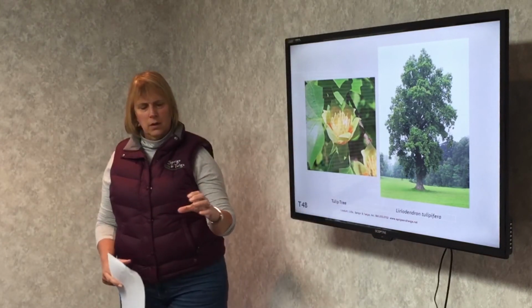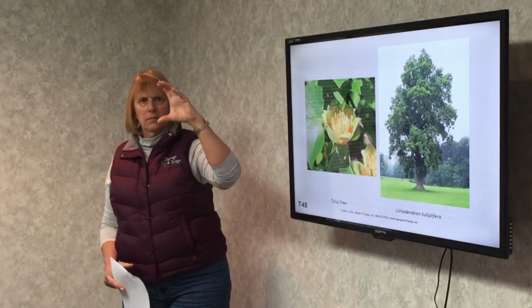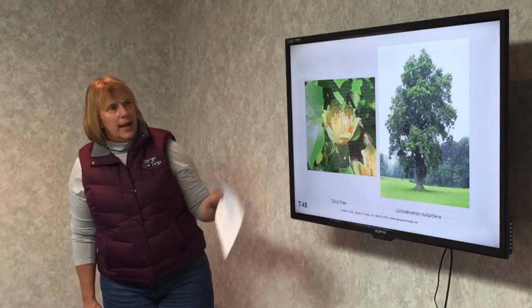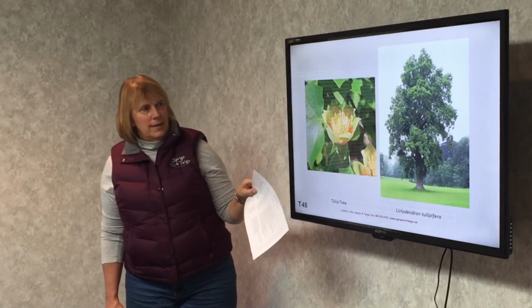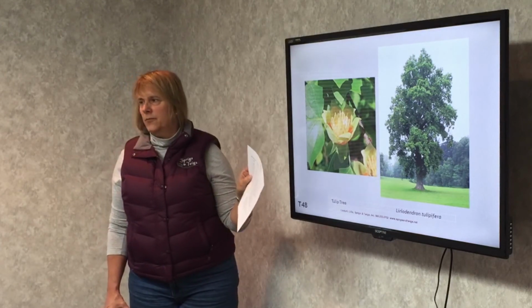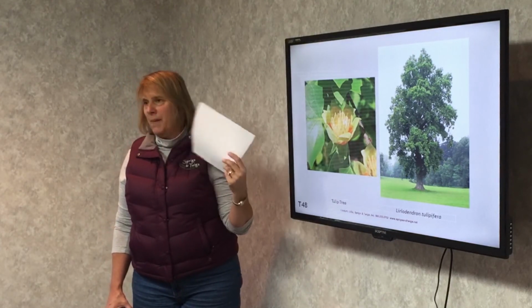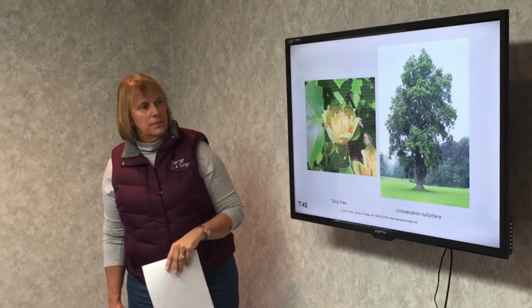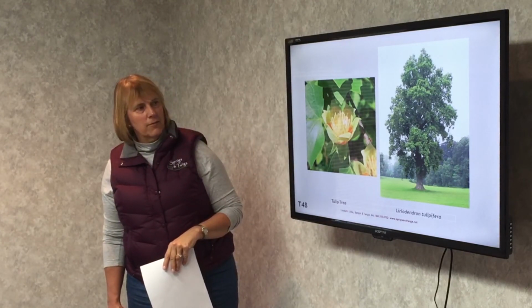It's huge. It's about that big and probably taller than that. This one and sassafras are some of the first trees that the hummingbirds hit when they come back from flying up from the south. So they'll eat this and drink from this.